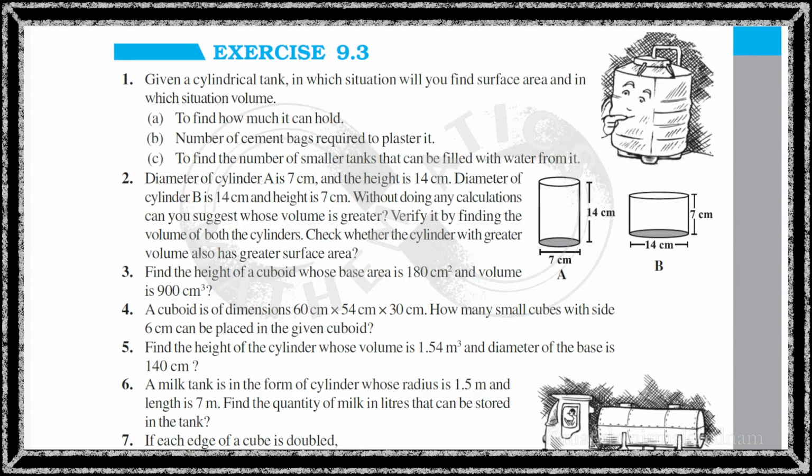Next question, a cuboid is of dimension 60 by 54 by 30. How many small cubes with side 6 centimeters can be placed in the given cuboid? Now here I have to first find volume of the cuboid and volume of each of these small cubes, and then you divide these two, you are going to get your answer.